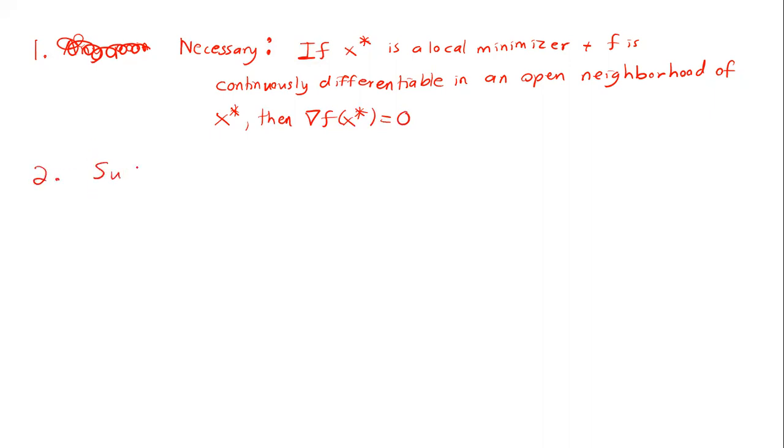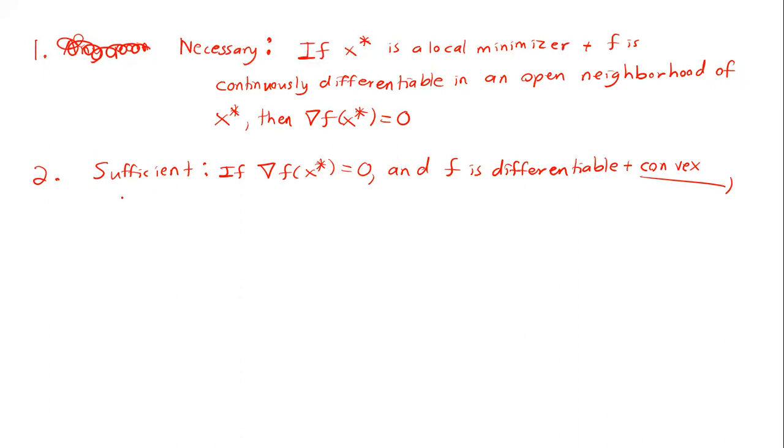And then just now we got a sufficient condition, which is that if del f of x star equals 0 and f is differentiable and convex, where convex is a very important part of this, then x star is a global and local minimizer of f.